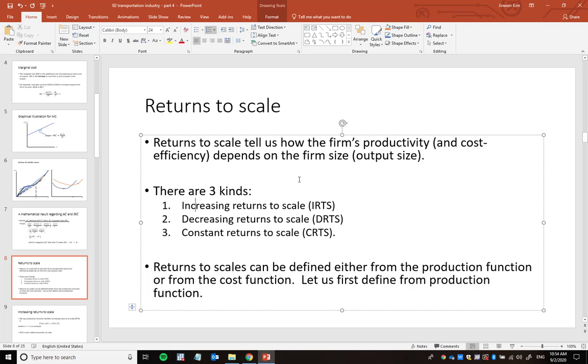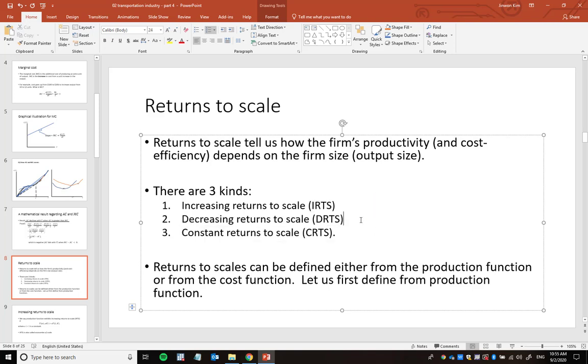There are three kinds, depending on the firm's production function and depending on the firm's cost function. First, increasing returns to scale. The firm is more productive as its output size is larger. Then we say that it has increasing returns to scale. Decreasing returns to scale: the firm is less productive or less cost efficient as the firm's output size is larger.